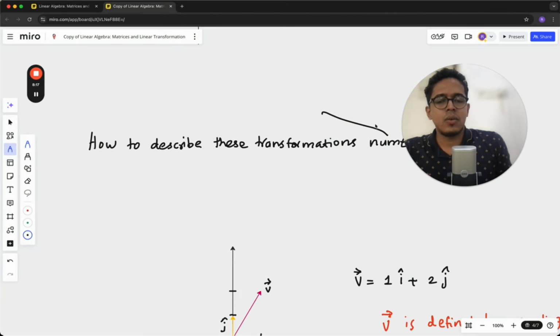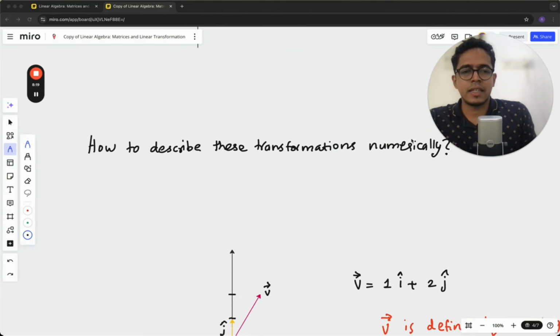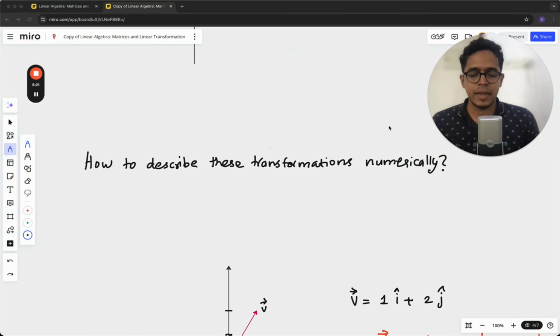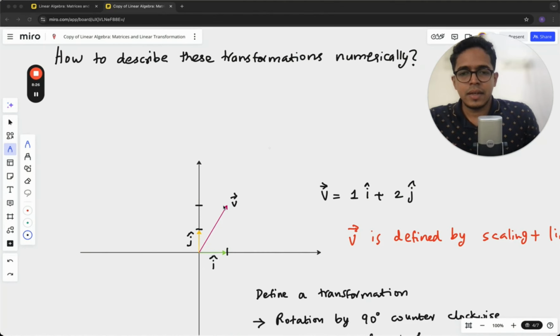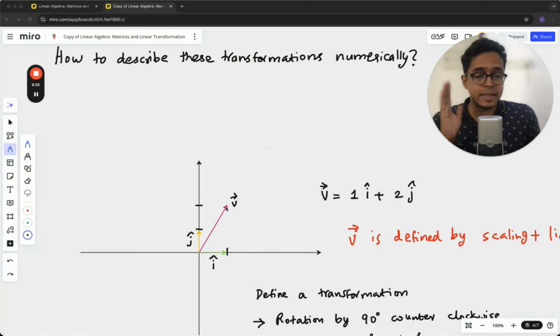So now let us see how to numerically describe some of these transformations, because so far we have been describing it a bit qualitatively. So take an example of a vector, let's say vector v in the xy plane like this. v is described in this specific example as i plus 2j, because on the x-axis the dimension is 1, along the y-axis it is 2.